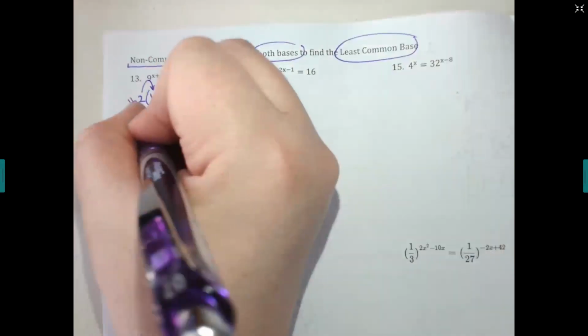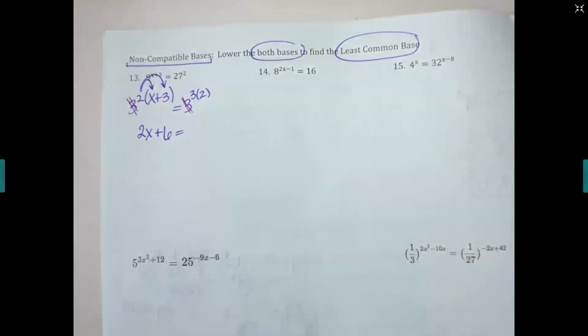Then from there, we're going to cross those 3s out, keep solving. So my 3 here and here are gone. Let's times that 2 in. So 2 times x is now a 2x. 2 times plus 3 is a plus 6.